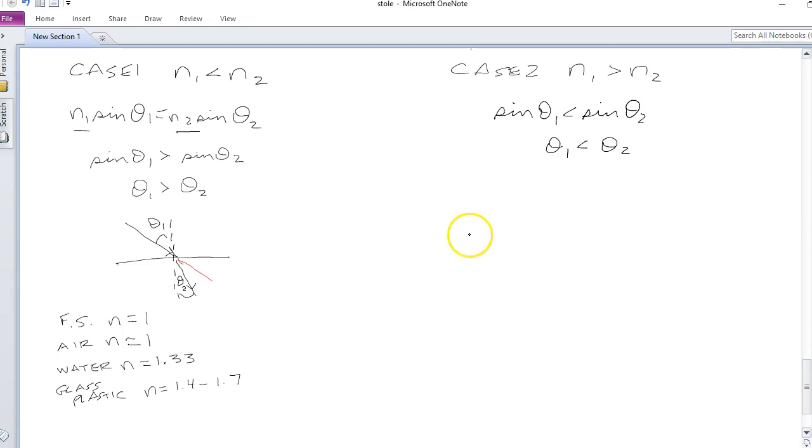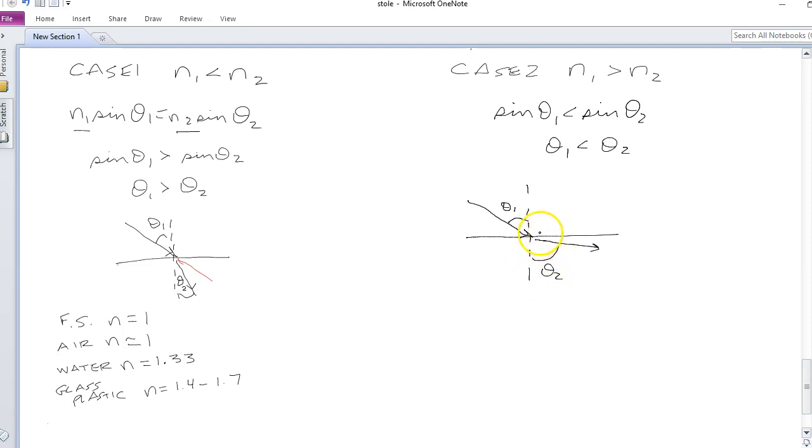So if we were to draw a picture of that, here's my interface, here's my surface normal, the ray's coming in, let's say like that, bending away from the normal, because this angle is theta 1. Theta 2's got to be bigger than that. So this light's going to do something like this, where this angle, theta 2, is bigger than theta 1.